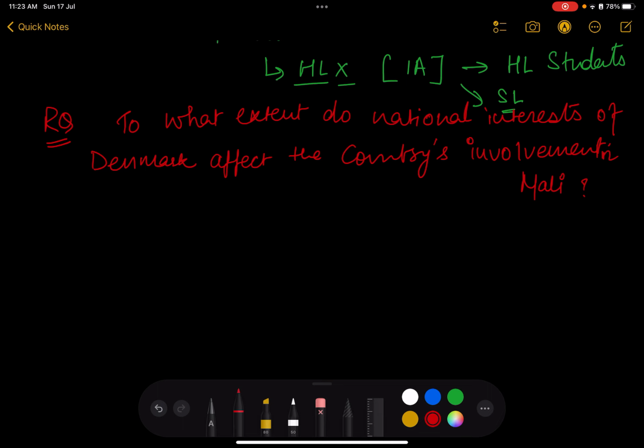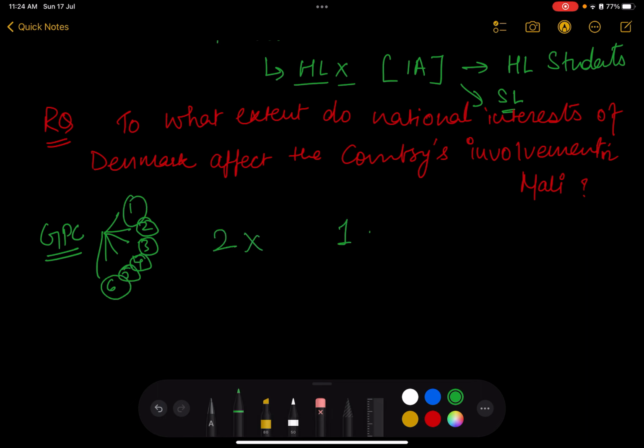Now further to this, when we are starting, first we need to think what should be the global political challenge. How many global political challenges do you have? Six, right? You have six global political challenges. So you have to decide one out of six. You can't decide two, just one.